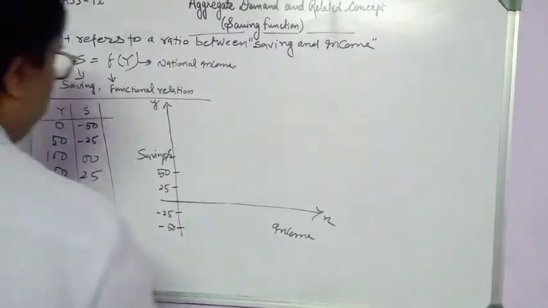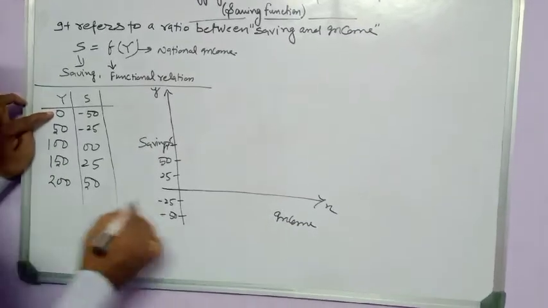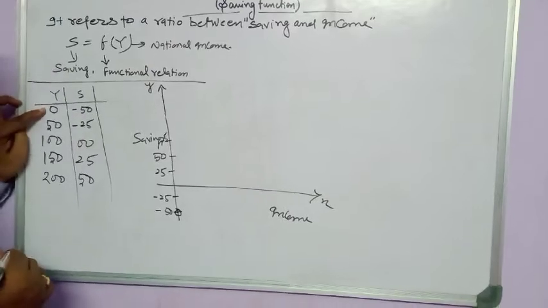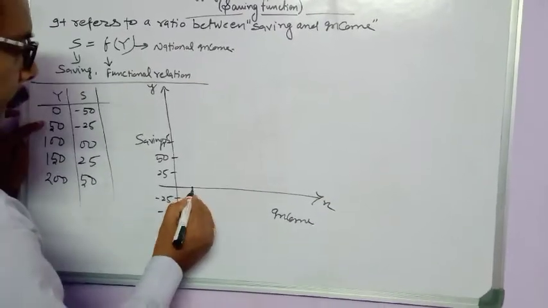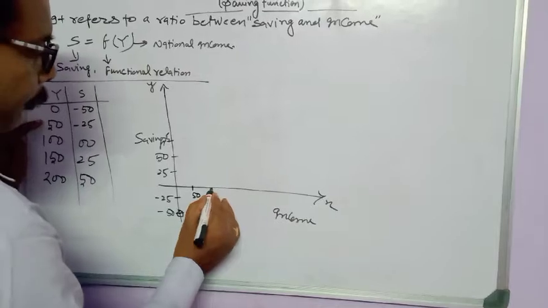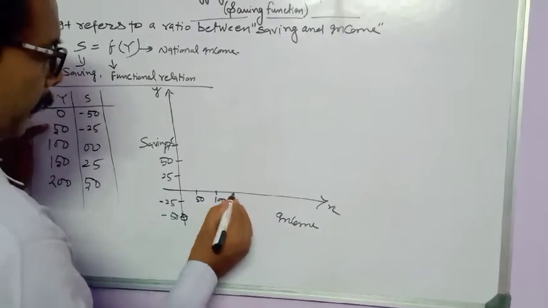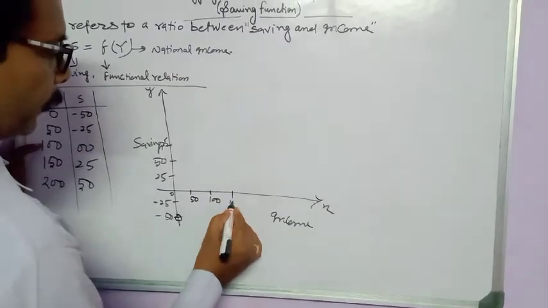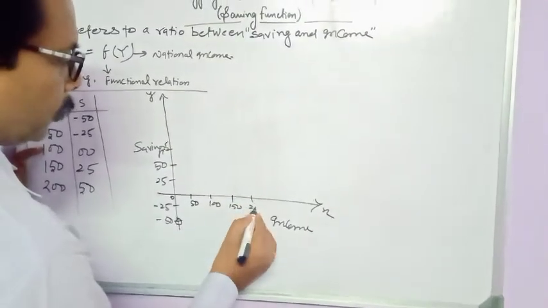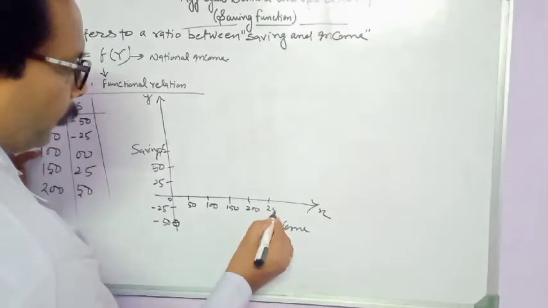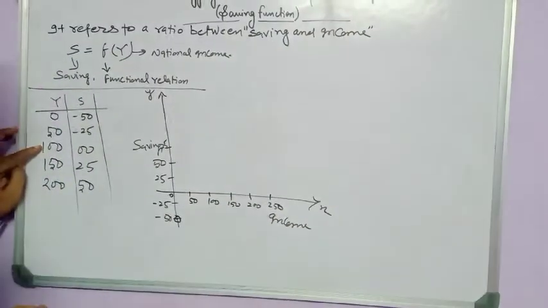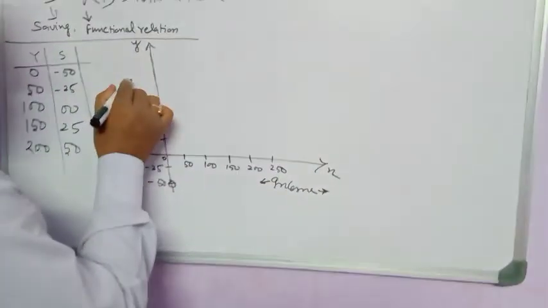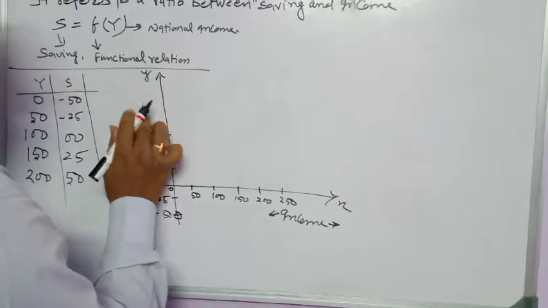If the income is 0, saving is minus 50, so we will locate this point. Here we will take the income 50, next 100, next 150, next 200, next 250, and so on. Clear? So that indicates the income and it indicates the saving.